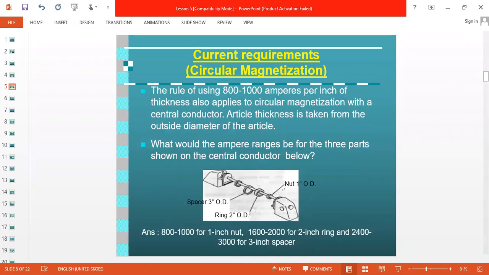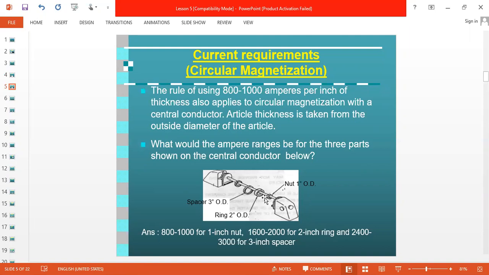Now look here, this is the central conductor; these small rings were inspected through the central conductor technique. Basically this is an indirect technique. If we have finished gears, we can use this indirect technique, because we are not sending current through the job, so there is no chance of sparks on the job surface and no chance of damaging the surface finish.